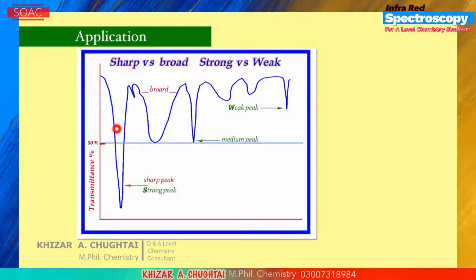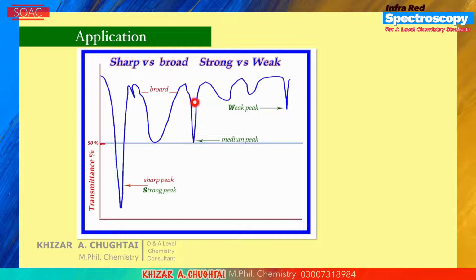Come to this one. This is a needle-like, pencil-like peak, and this is said to be a sharp signal or sharp peak. This shape of peak is said to be sharp, and this shape is said to be a broad peak, or sometimes a very broad peak.